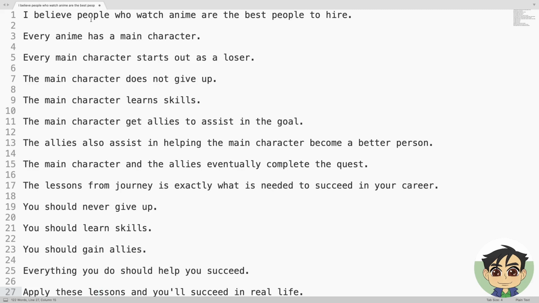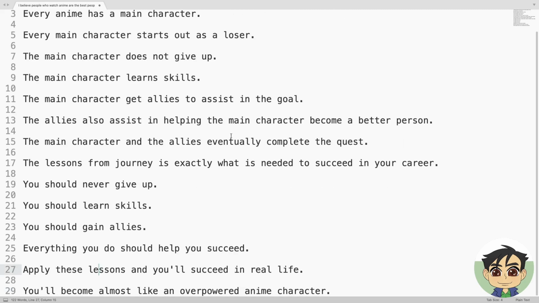The main character and the allies eventually complete the quest. The lessons from the journey is exactly what is needed to succeed in your career. You should never give up. You should learn skills. You should gain allies. Everything you do should help you succeed. Apply these lessons and you'll succeed in real life. You'll become almost like an overpowered anime character.